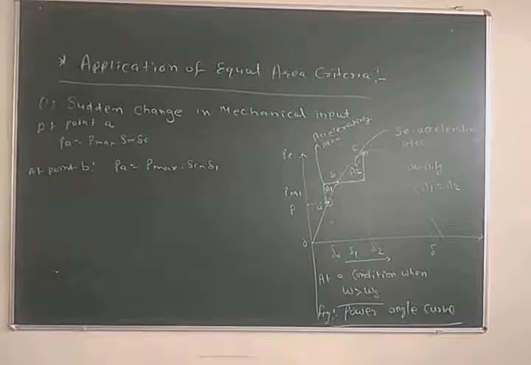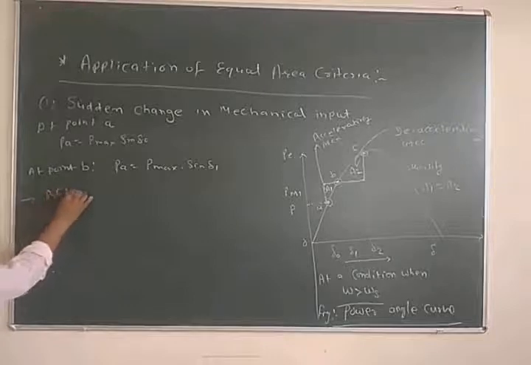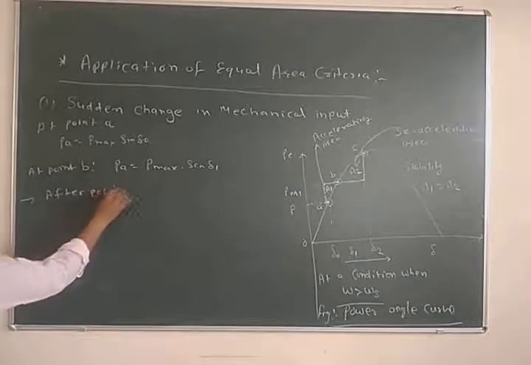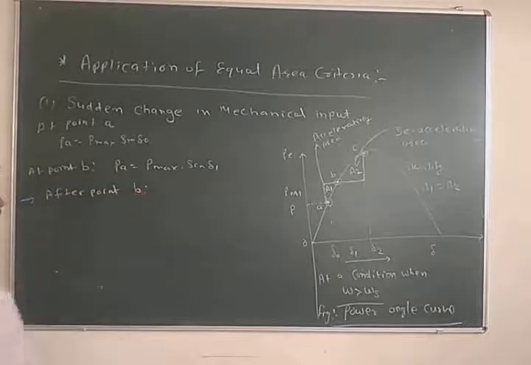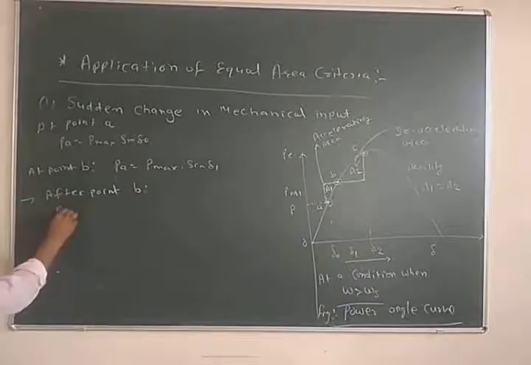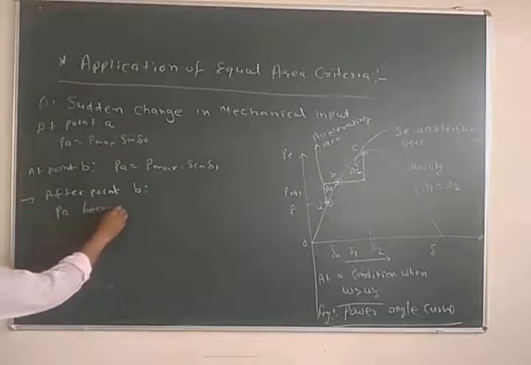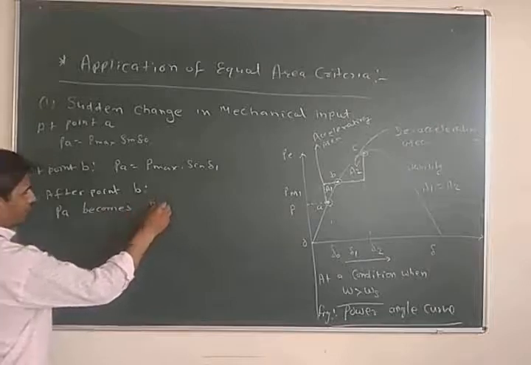So here now these points can be written as: when omega is greater than omega s, PA becomes negative. After point B, PA becomes negative.